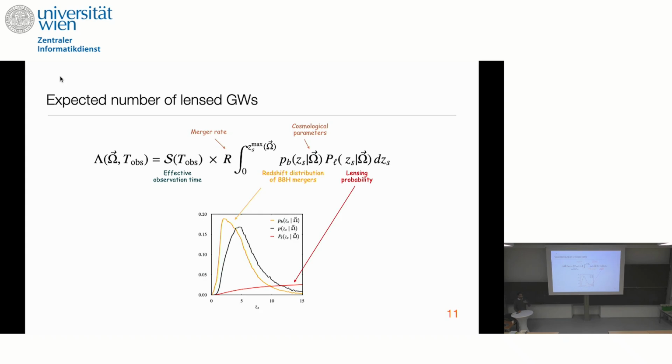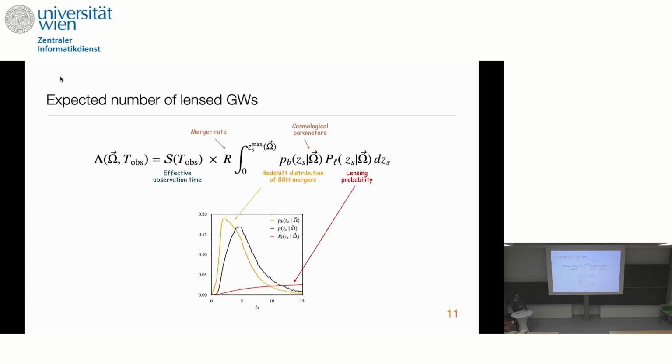We do not have a good understanding of how these mergers are distributed at higher redshifts. So one has to currently use some models, that is this P_b, the binary merger redshift distribution, which is a function of cosmological parameters. And you have to convolve this with the corresponding strong lensing probability at that redshift. So basically, you have to integrate this over the entire redshift, up to z max.